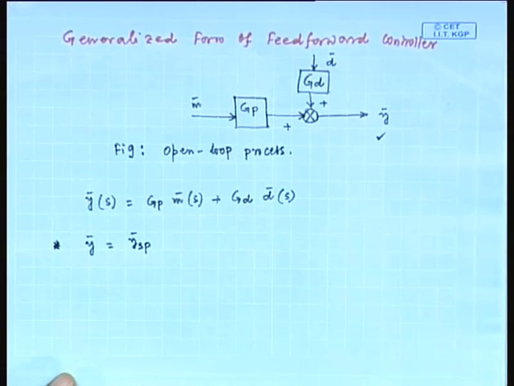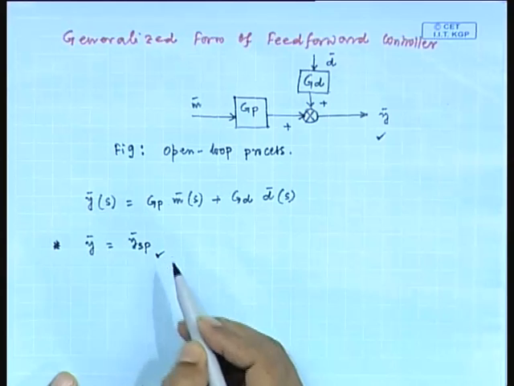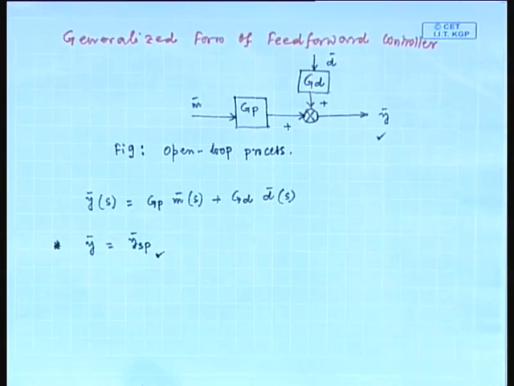Fine. So, accordingly the feed forward controller is required to take the control action. Feed forward controller needs to take action to keep y at its desired value, that is y set point.